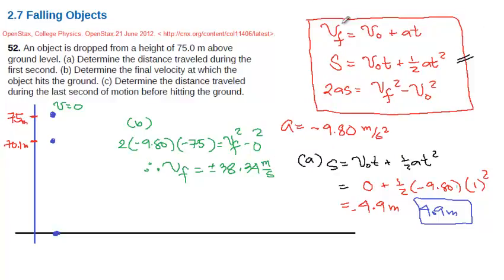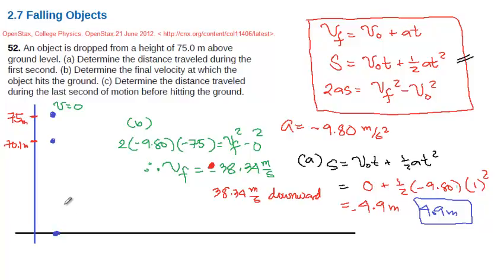The proper one to choose is the negative, because we're assuming downward is negative. So the velocity is 38.34 meters per second downward. The negative simply indicates downward. We can have two values, plus and minus, because we're taking the square root, but we take the negative one because the ball must be moving downward at that point.